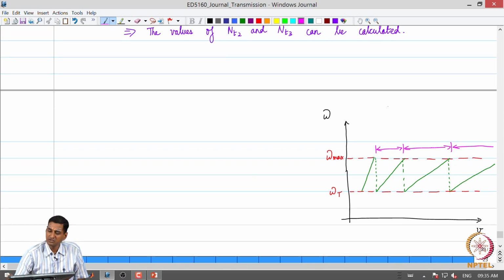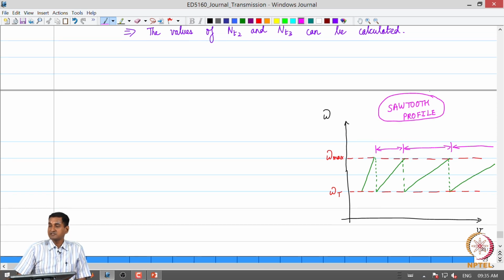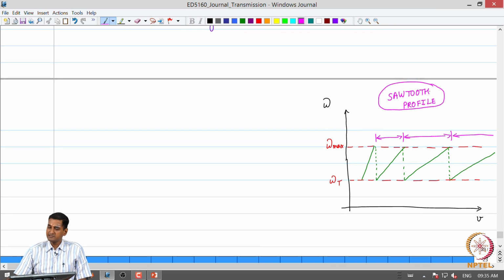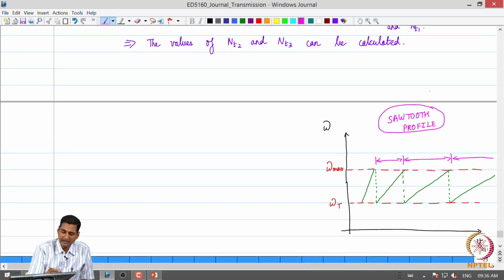Okay. So, we can see that this leads to what people typically refer to as a sawtooth profile between the engine speed and the vehicle speed. Okay. So, that is what happens with this particular case, right.